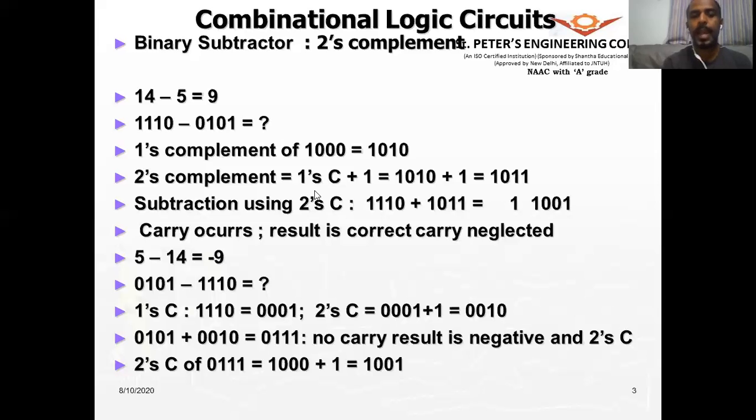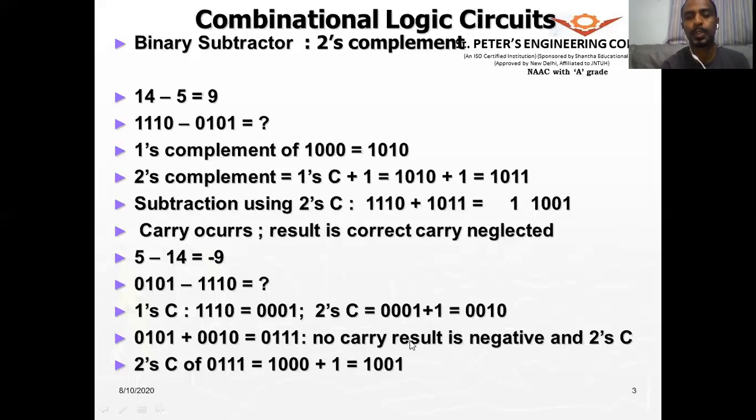All right, and what we have to realize when we are doing the subtraction operation using the same binary adder, if the end carry occurs, the result is correct and you have to neglect the carry. If the carry does not occur at the end, the overall carry does not occur, then the result is negative and the result is in 2's complement form.